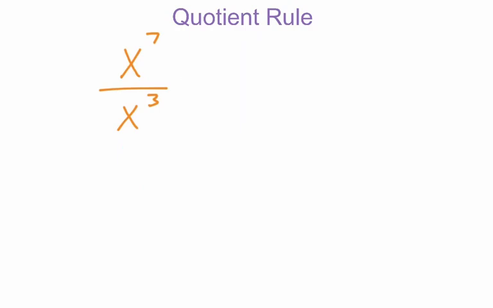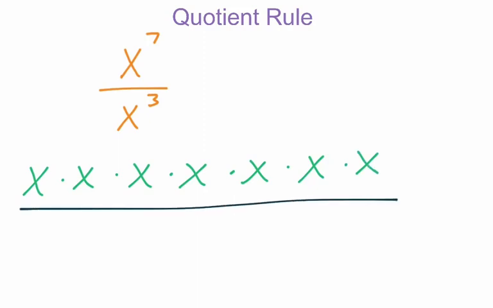So I've got variables in here, x to the 7th divided by x to the 3rd. This is the same as x times x times x times x times x times x times x, that's x to the 7th power right there. And we divide it out by x to the 3rd, so x times x times x. And just like on our last example, when you divide, you cancel them out.